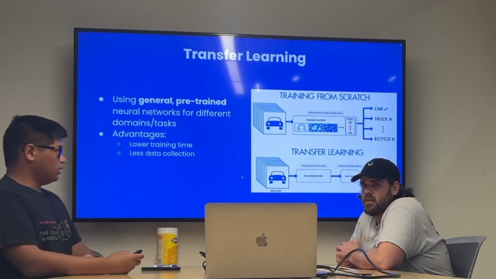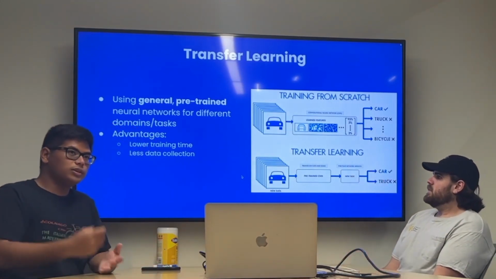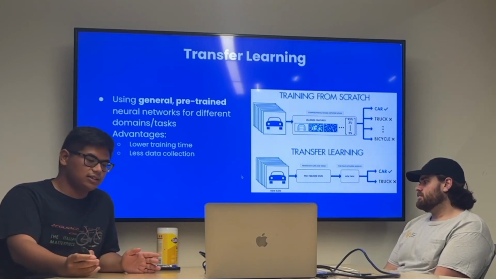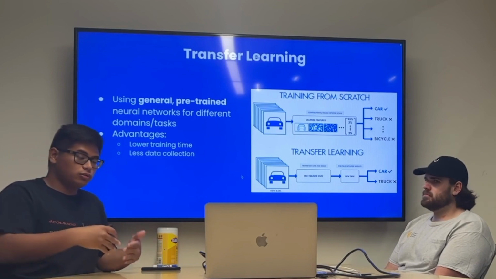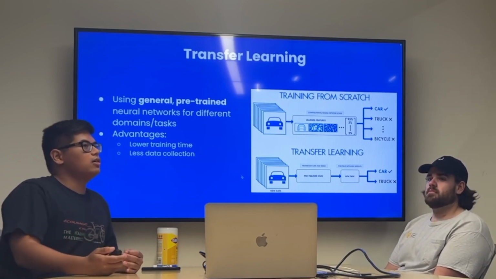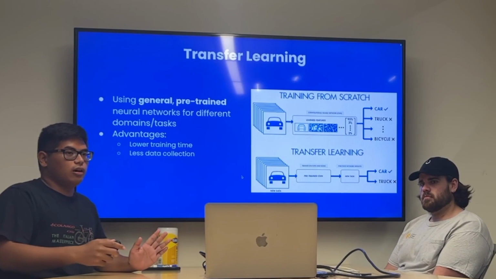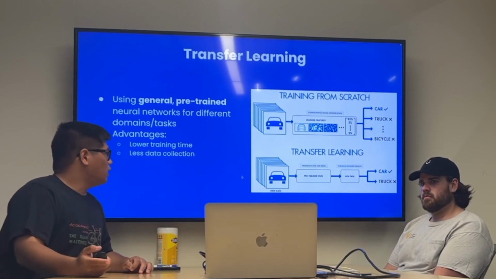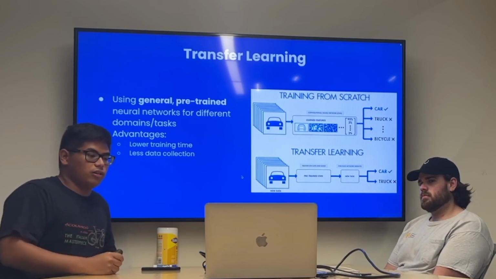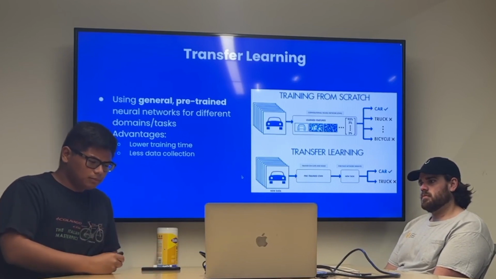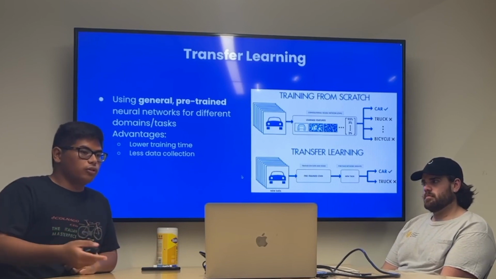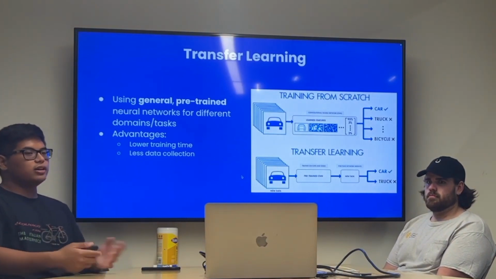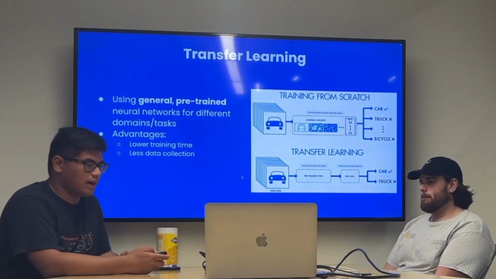For example, the ImageNet image corpus consists of 1.2 million images with over 1,000 classes, and so the convolutional neural network that's pre-trained on that learns a representation of all of those 1.2 million images, and you can leverage that knowledge, or the extracted features that pre-trained neural network has learned, for your own task. And so you need much less data to get pretty good results in terms of accuracy.